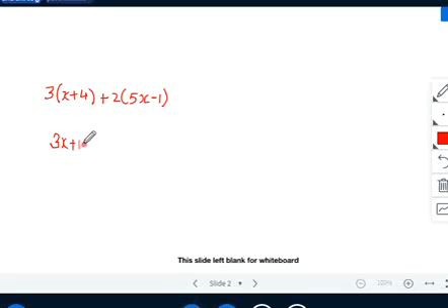And then 10x and then minus 2. Now 3x plus 10x is 13x. But your answer was 12, right? But it's 12 minus 2, this will give you 10.